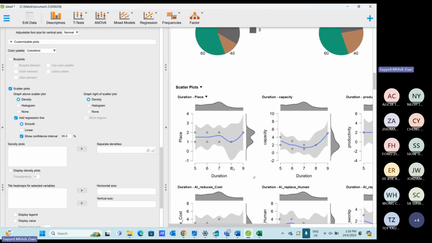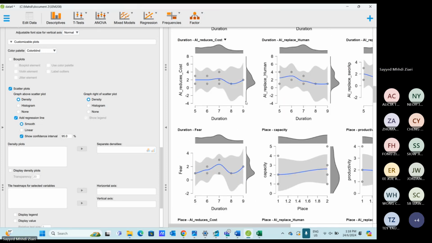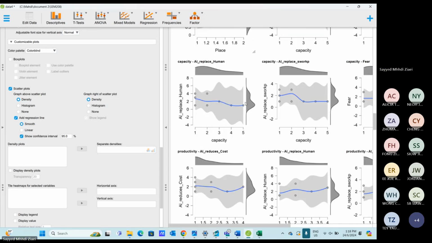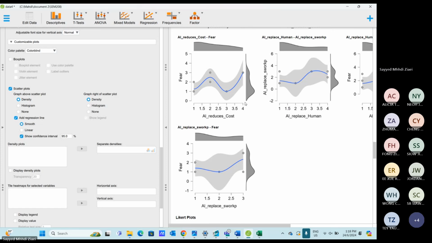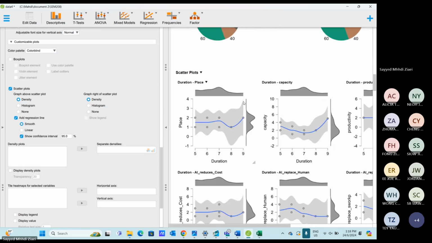Yeah, this one is a scatter. See, it's gorgeous. This part is a scatter plot.